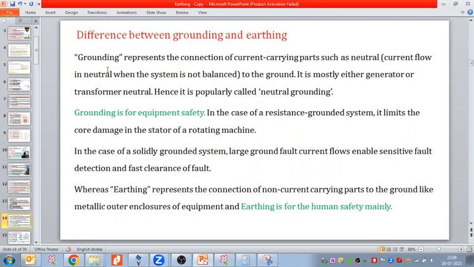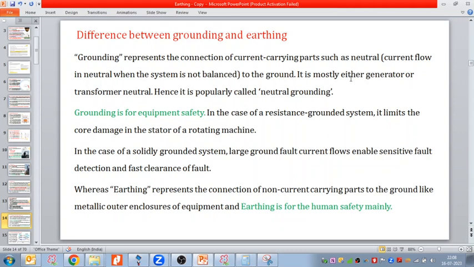So grounding represents the connection of current carrying parts, such as neutral, which can also carry current when the system is unbalanced. So current flows in the neutral to the ground when the system is not balanced. Grounding represents the connection of a current carrying part to the ground.